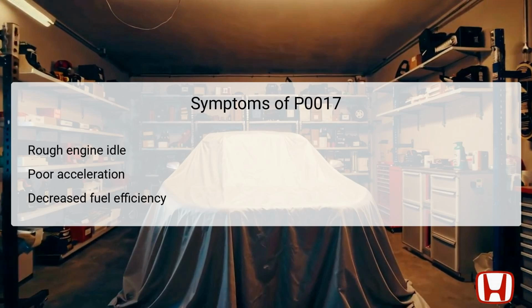This inefficiency often leads to a noticeable decrease in fuel efficiency, as the engine struggles to maintain optimal performance with misalignments in timing. If you observe any of these symptoms, it is advisable to address them promptly to prevent further damage to the vehicle's engine components and ensure a smooth driving experience.